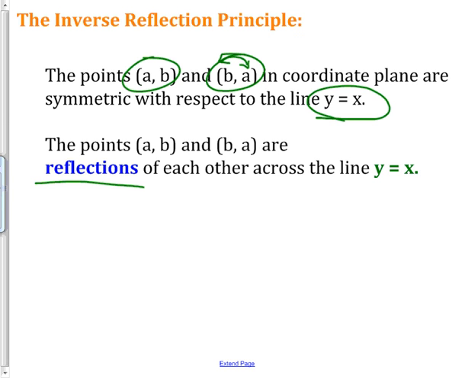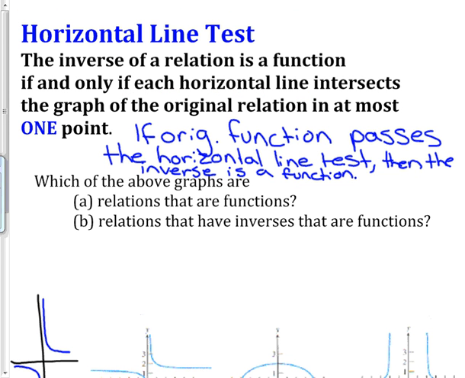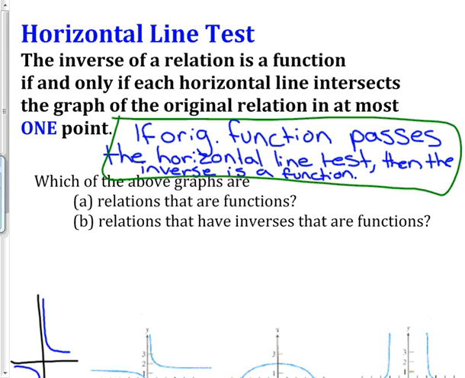All right, so this is something worthy of writing down, and I would write this part down in your notes and put a star by it. The horizontal line test, what does it do for us? If the original function passes the horizontal line test, then the inverse of it, there really should be an "of it" in there, is a function.